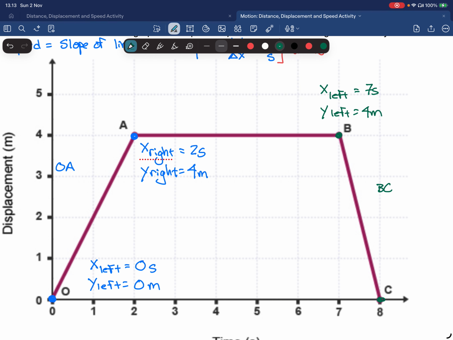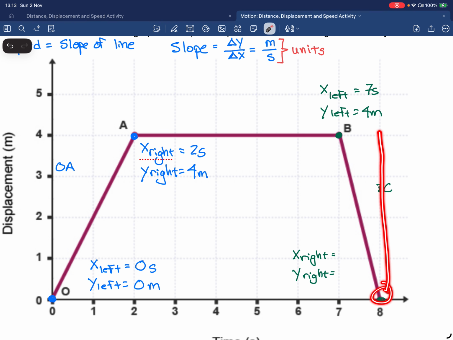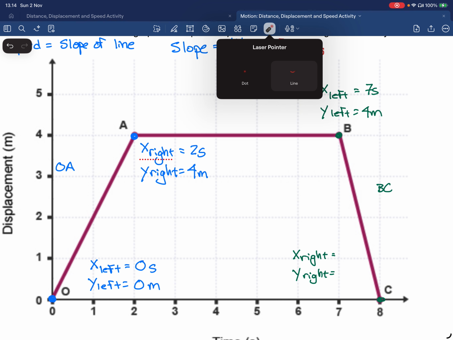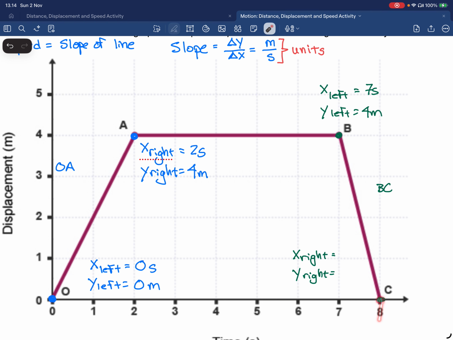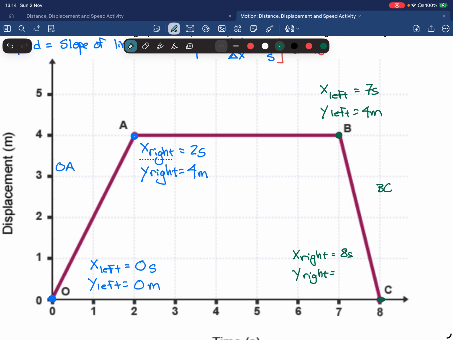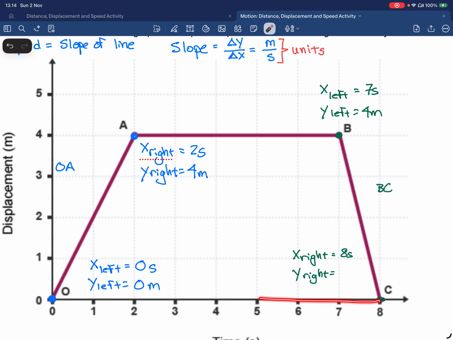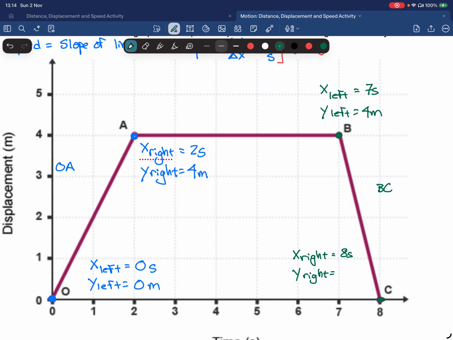Then we're going to do an X right, Y right, because this one right here is to the right of the first one. Okay, so that's my X right, Y right. So my X right, of course, is 8 seconds. My Y right, of course, is 0 meters.